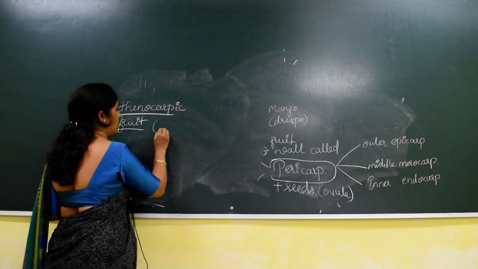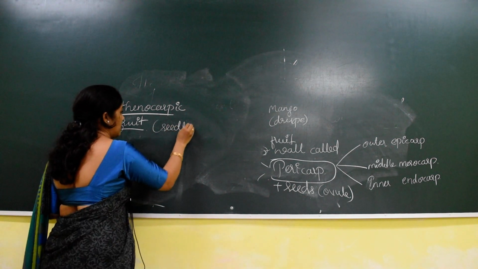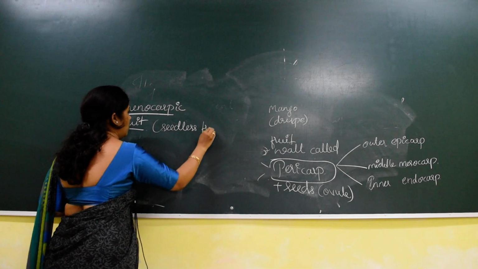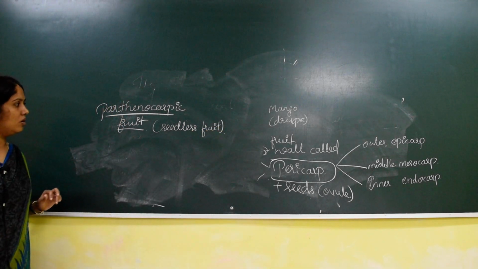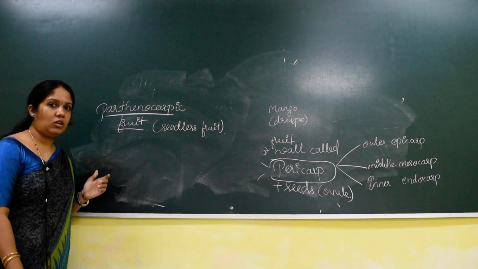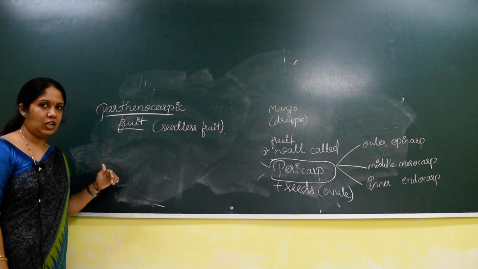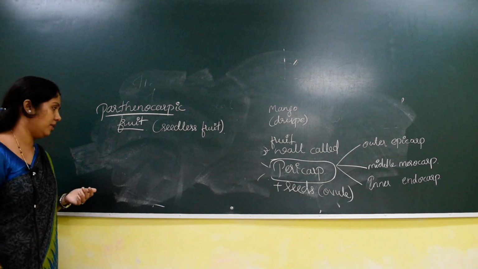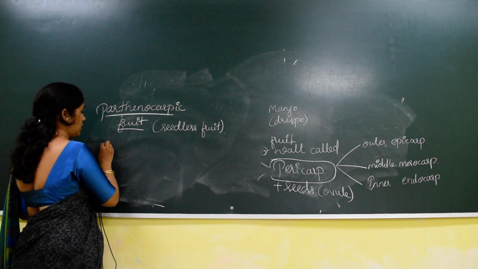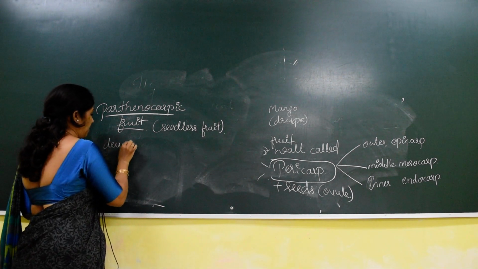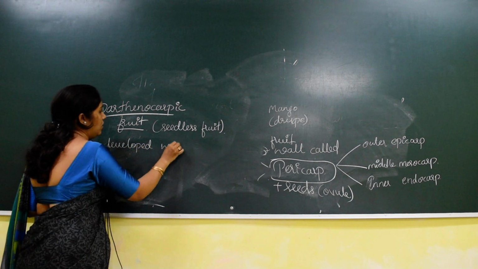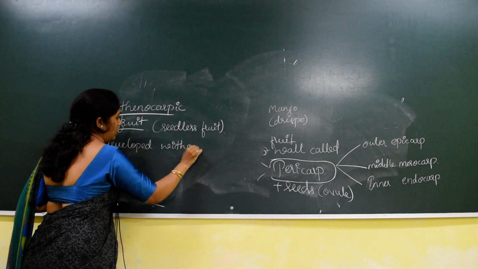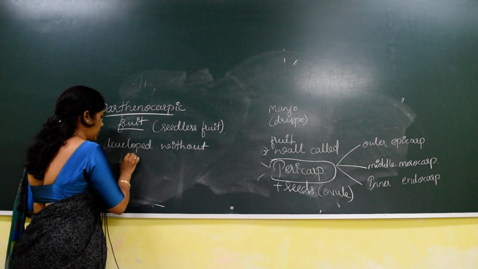It is also called a seedless fruit. Very important. Commonly we call it a seedless fruit. How is this fruit formed or developed? This fruit is formed or developed without fertilization.